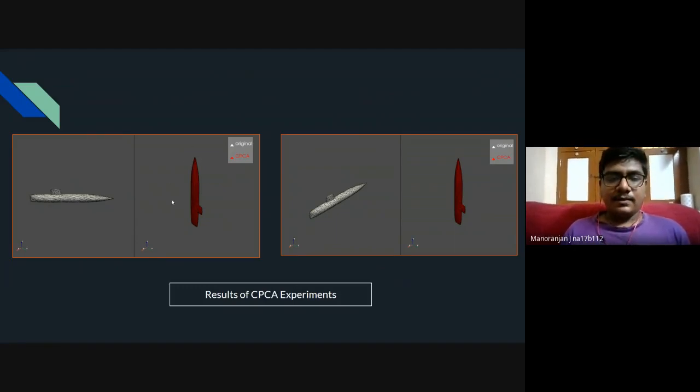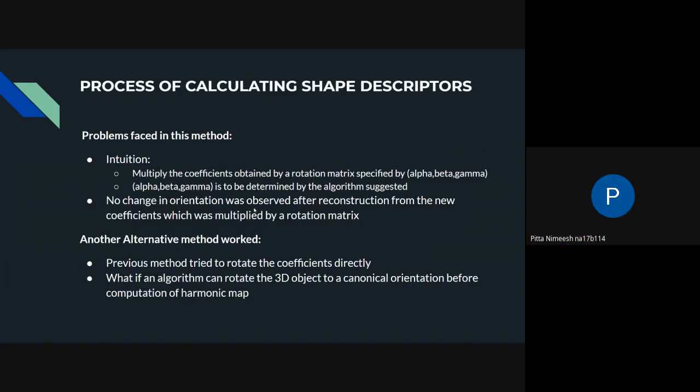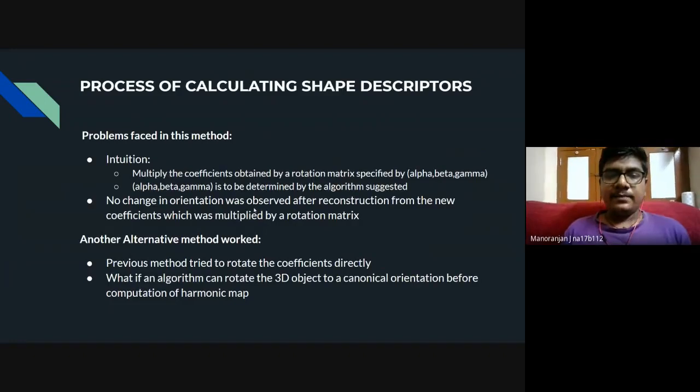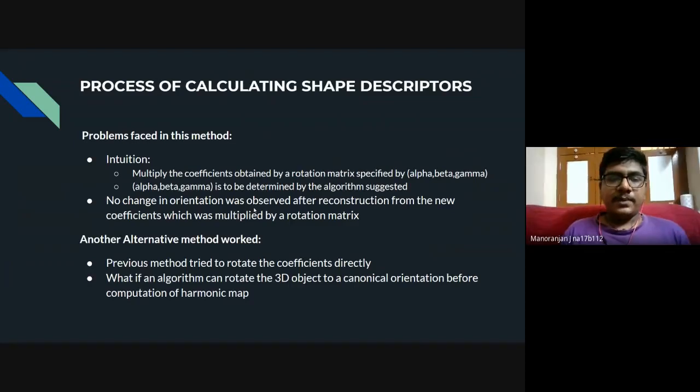But what Sir told us we were more interested in was, based upon the coefficients that we get, that will represent a particular object in a particular orientation. So if we want to convert a particular object into canonical orientation, why not use those coefficients directly and compute that?